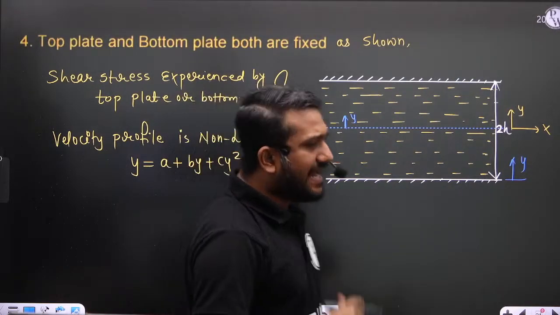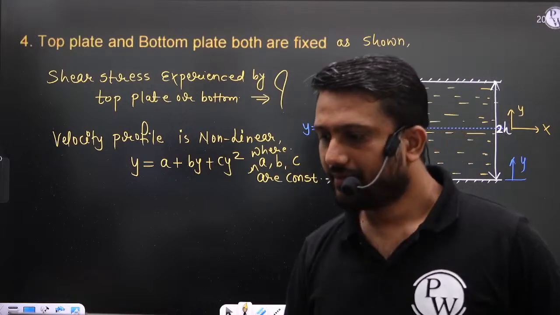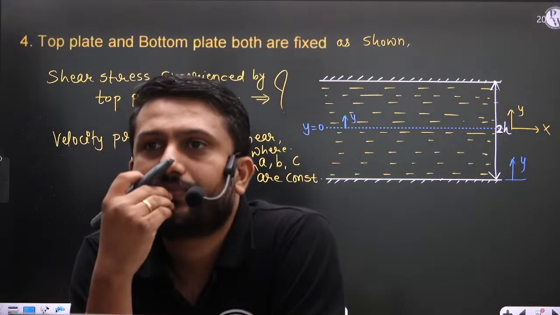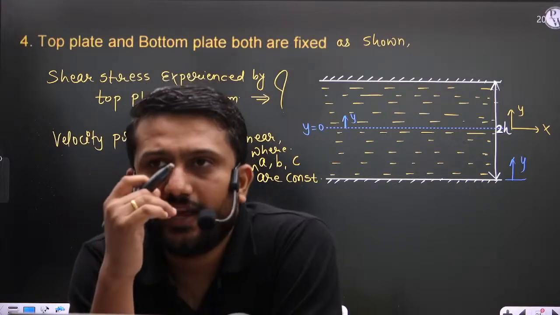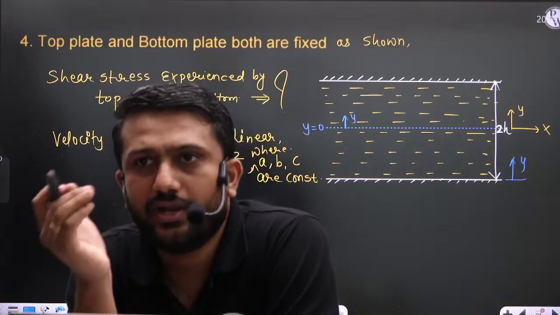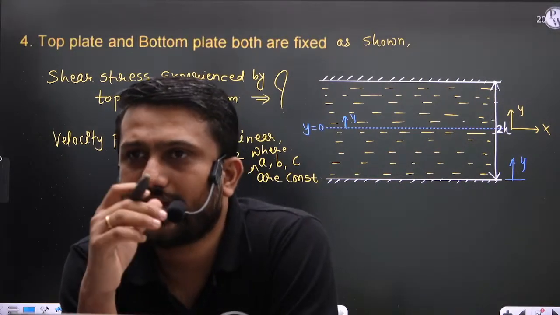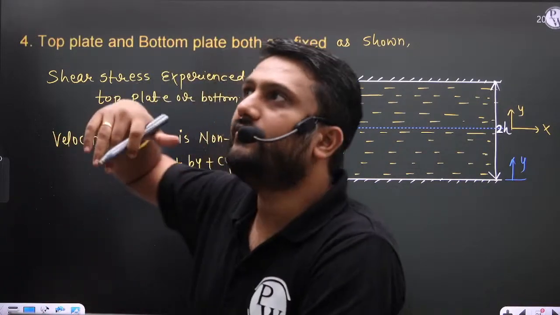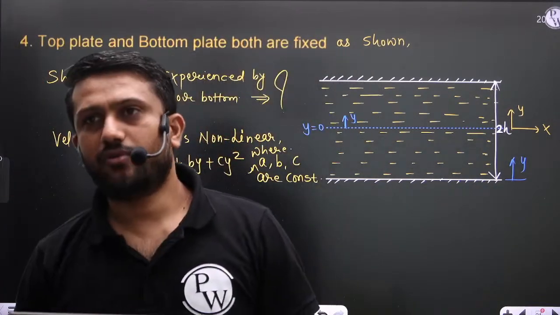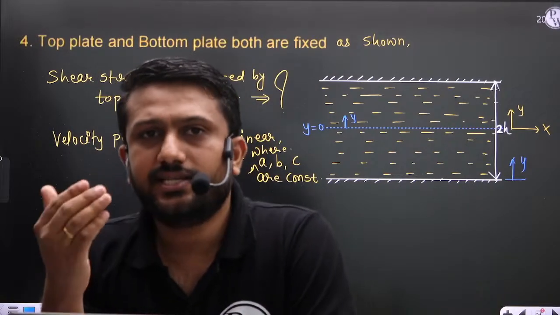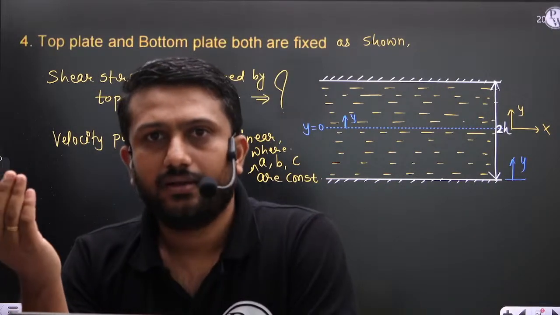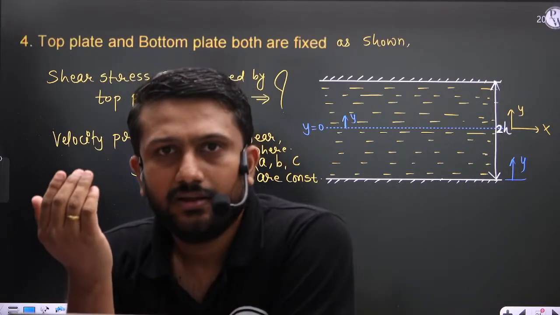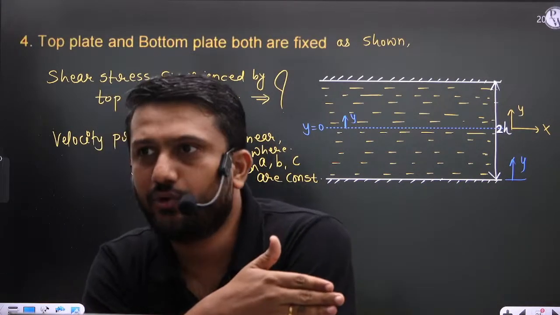Now, can we calculate a, b, c? For the calculation of a, b, c, boundary conditions are required. Remember, when we considered the linear velocity profile, u is equal to a plus by, for the calculation of a and b boundary conditions were required, so we used boundary conditions over there.